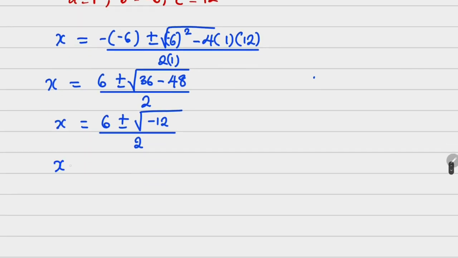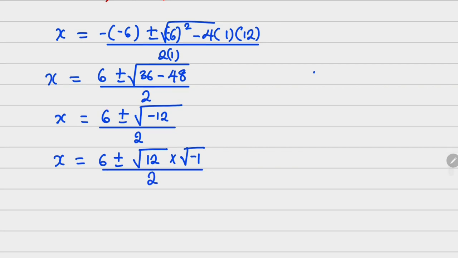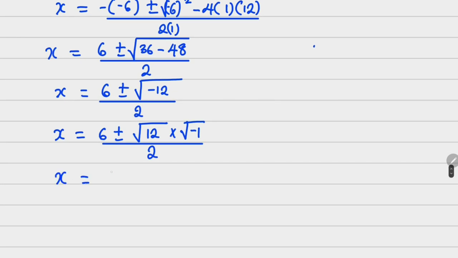Now x is equal to 6 plus or minus. Now take note of this. This will be 12, I can write it like this, okay, then times root of minus 1, all over 2. Now x is equal to 6 plus or minus root of 12. Writing it in short form should be 2 root 3, okay.